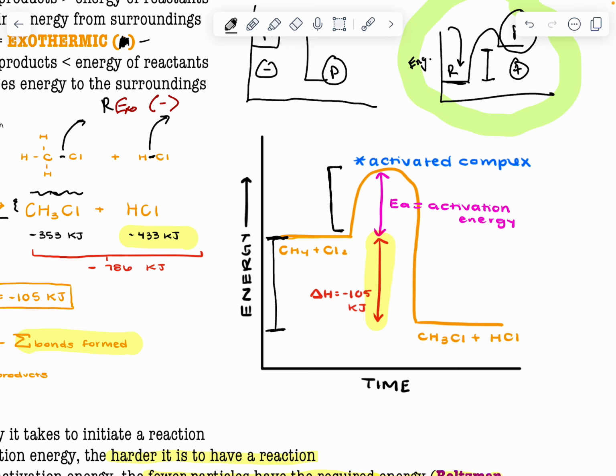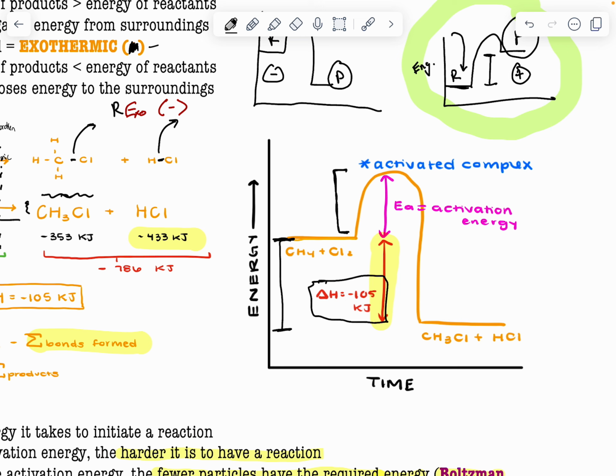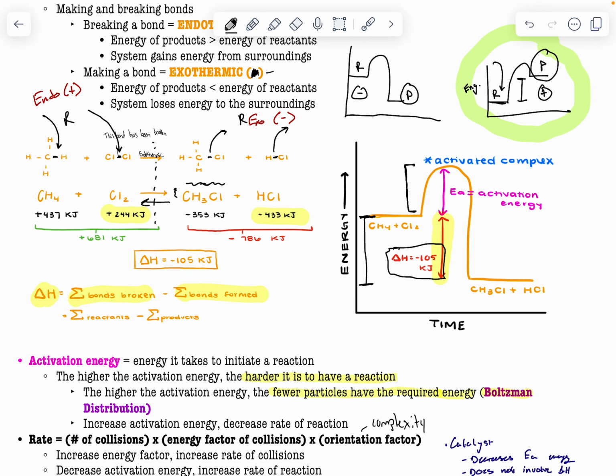Our activation energy is the only modifiable factor on this chart. If you see delta H, you know that is a law of nature and it does not change. That will always be between reactants and products, but our activation energy is always modifiable, and that is due to enzymes and different catalysts that can speed up or slow down reactions, and we're going to get into that in a second.